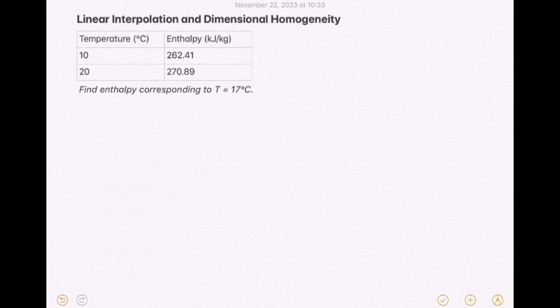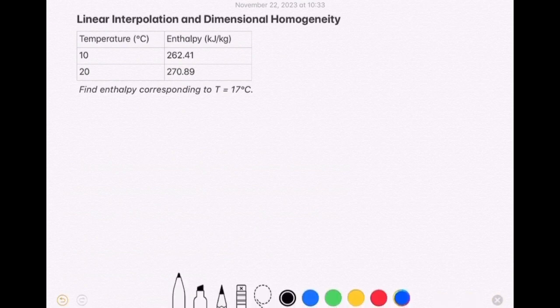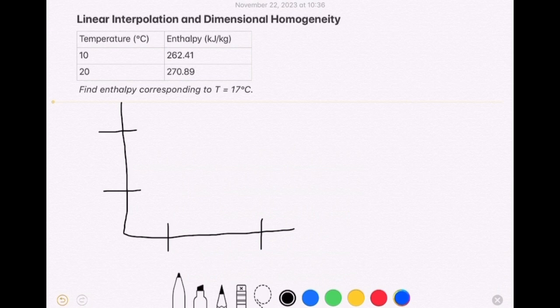What is linear interpolation? It might just be best to draw it. It is essentially just an estimation of a value. So let's say you're given two points, the first point is right here, the second point is right here.